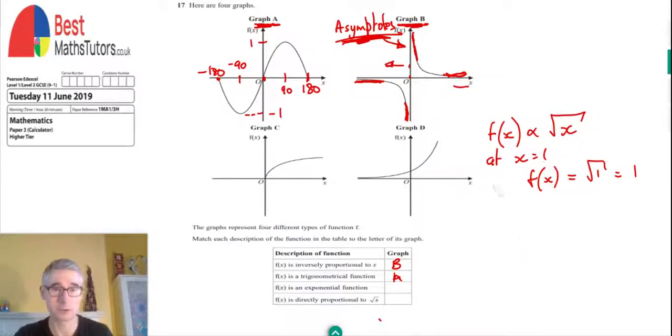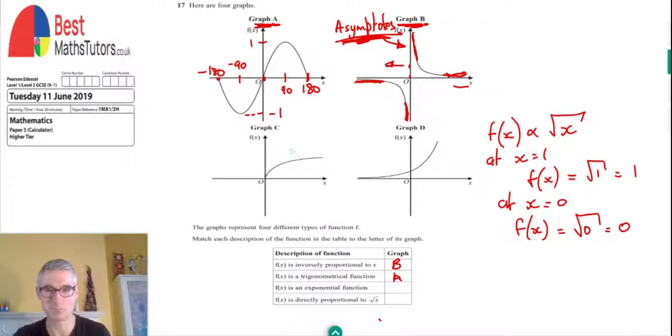And also a very important point to put in is, let's look at x equals 0. So we can see when x is 0, f of x is equal to the square root of 0, which is 0. So that's a giveaway because we know that it's going to go through the origin. So when x is 0, f of x is also 0.